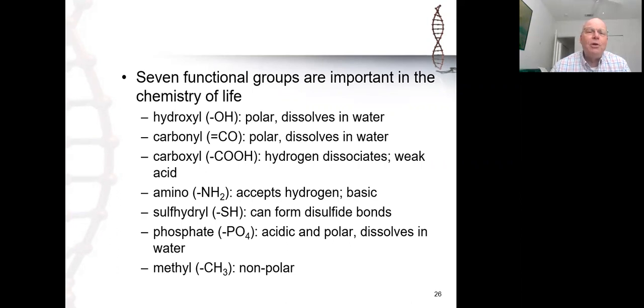And the presence of one or more of these functional groups on a hydrocarbon chain changes that chain from being insoluble because it's a hydrocarbon to something that can be dissolved in water because it now has a hydrophilic functional group on it, something that can dissolve in water. So having these functional groups, and particularly those that are polar, turns out to be really, really important.